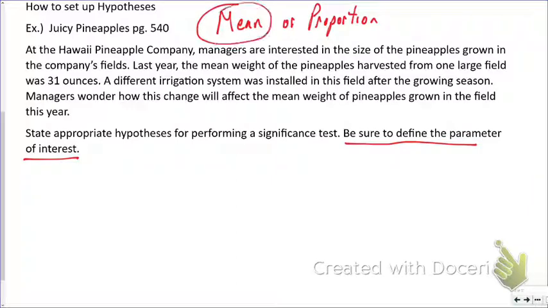This is a mean problem. We have numerical data, and I literally see the word mean typed, so that tells me that.